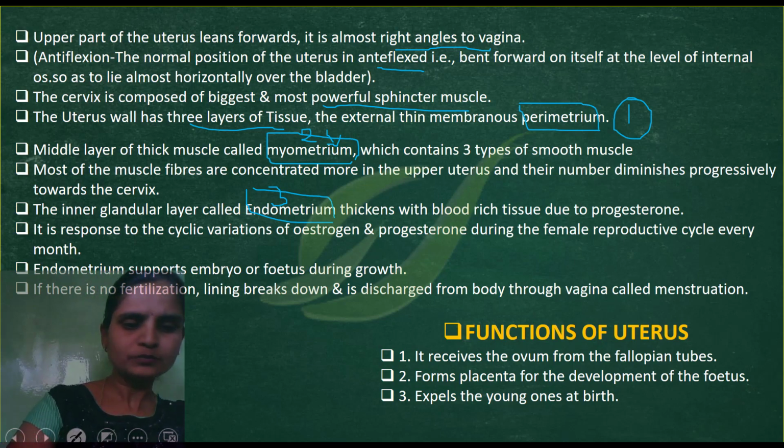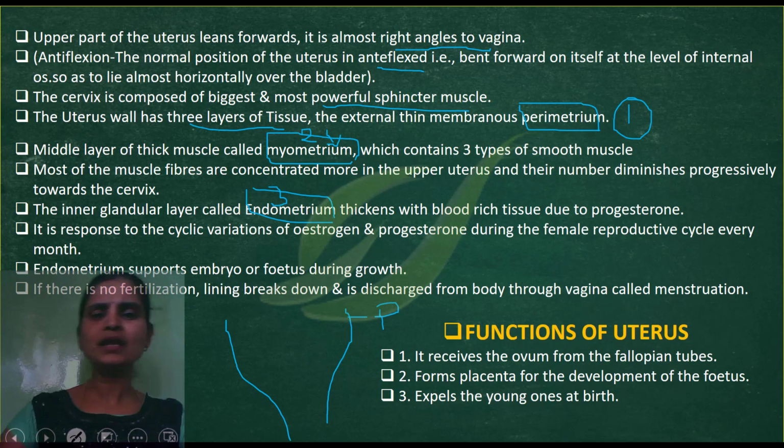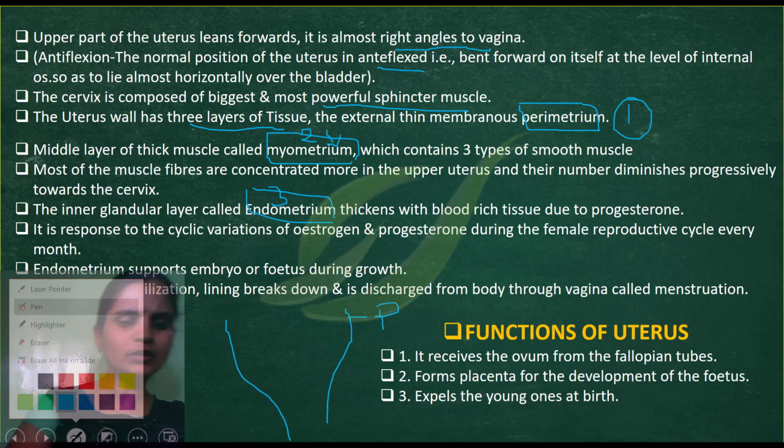Now, this is a uterus. The outer layer, as I have explained already, is the perimetrium. It consists of a very thin tissue.